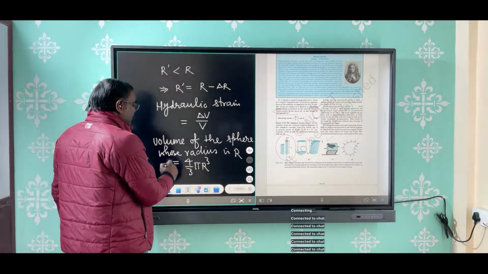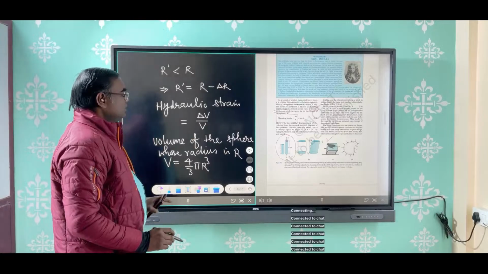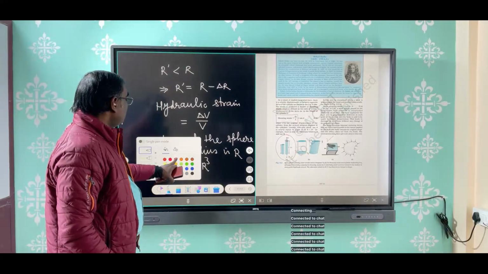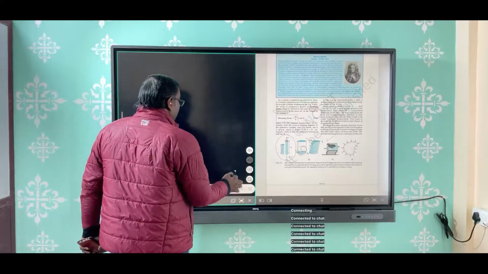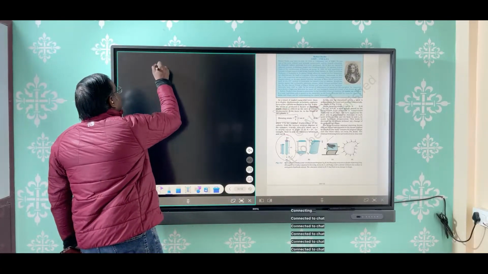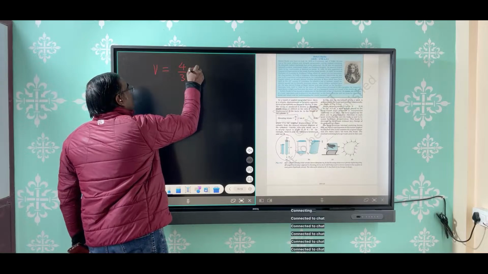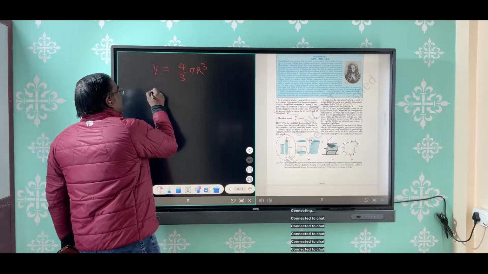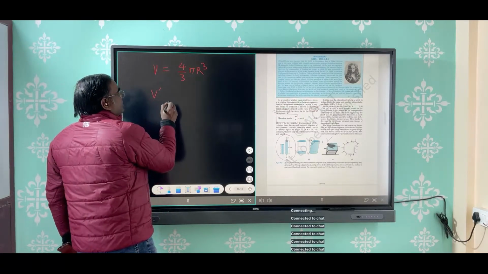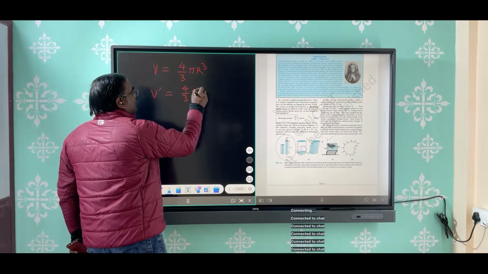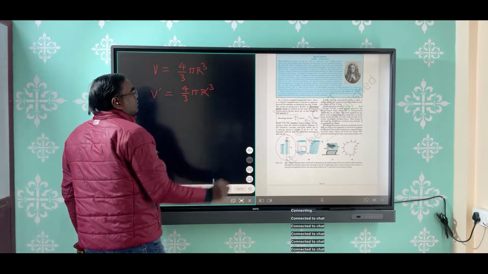So this is the initial volume, right? Now suppose, so initial volume is equal to 4 by 3 pi r cube, and final volume that is equal to 4 by 3 pi r prime cube.